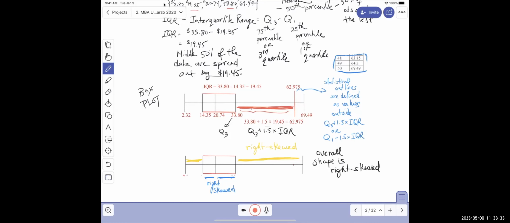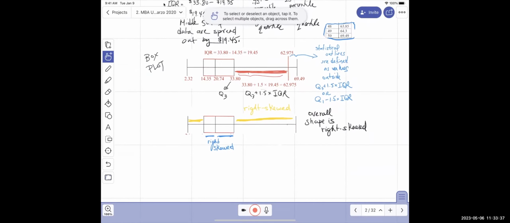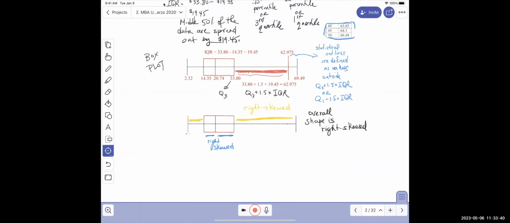Now I have a video where I draw a bunch of different box plots that are not necessarily the case. So for instance, I could have this. Let me make it a little bit smaller.